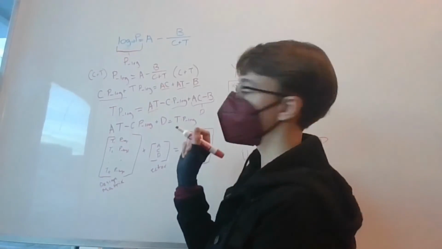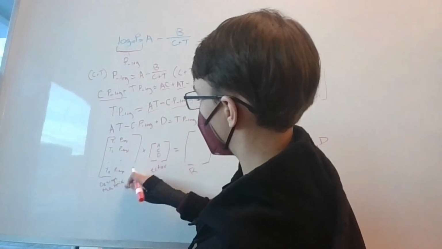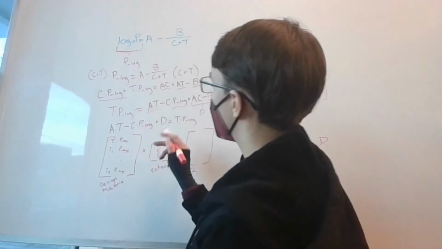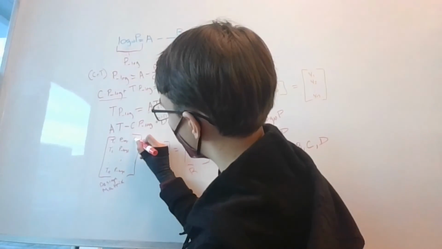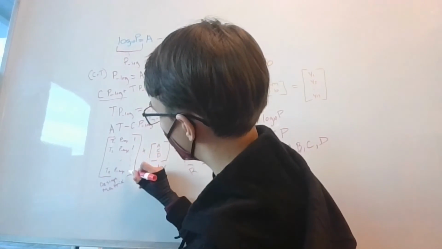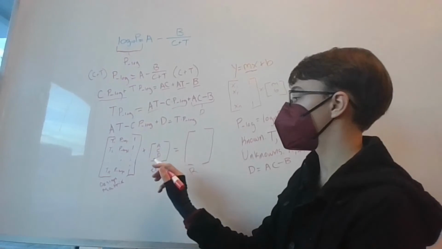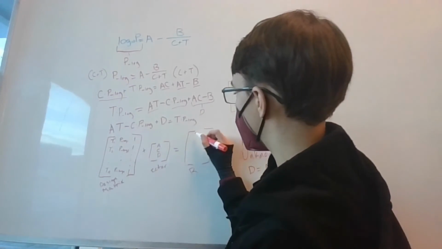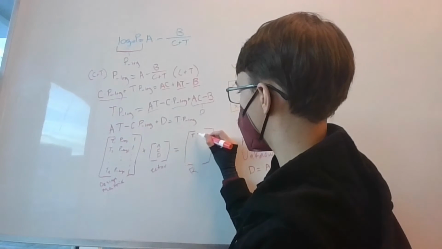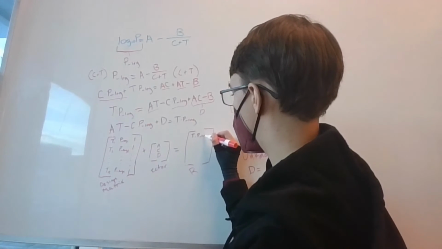And then for the D, we're going to have our column of 1s just like we had up here. We're going to have 1, and all the way down to 1.